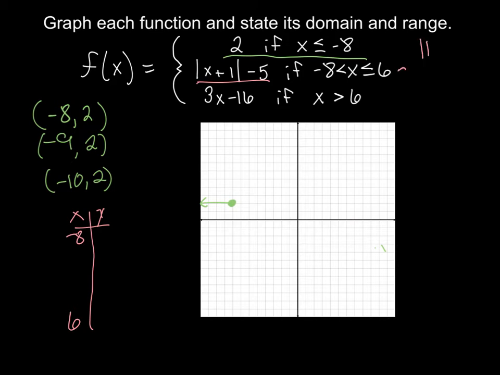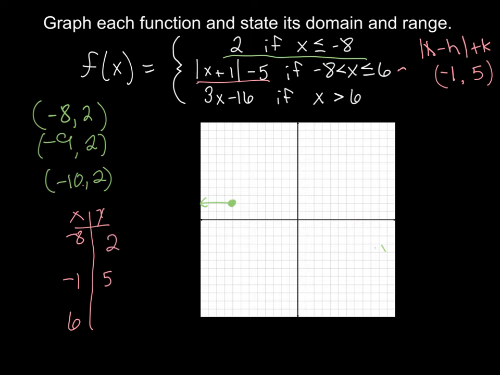You had x minus h plus k. So our vertex would be negative 1, 5. So we're going to put that in here also, because it's important to know where our V forms. And then let's see what our two endpoints are. If x is negative 8, you'd have negative 8 plus 1, which is negative 7. Absolute value is 7 minus 5 is 2.